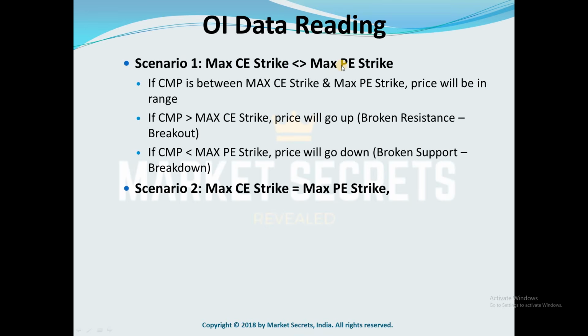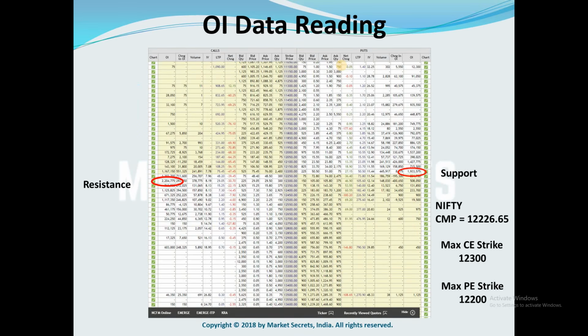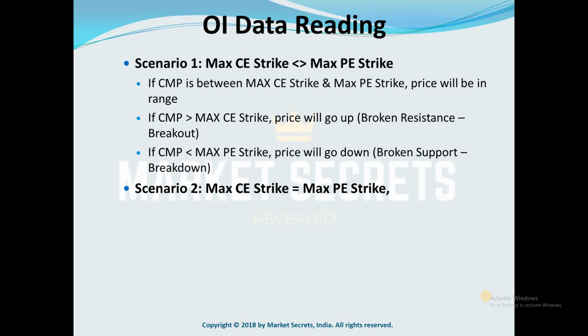But in case the max CE strike is equal to the max PE strike, say max CE strike is 12,300 and max PE strike is also 12,300, then if the current market price is less than the max CE or PE strike, the price will go up.